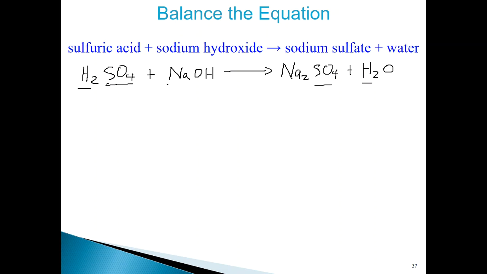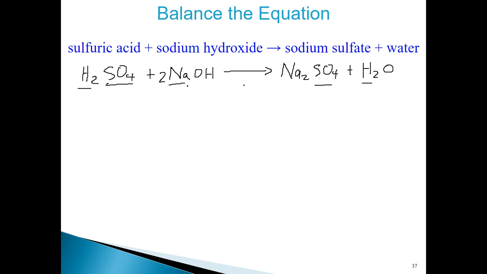Now here we have 1 sodium atom here, but here we have 2. So what I would do is put a 2 in front of the sodium here, and then as far as the oxygens are concerned, I could look at, and again, I'm not going to take into account the 4 oxygens here because I already accounted for it when I balanced the sulfate.